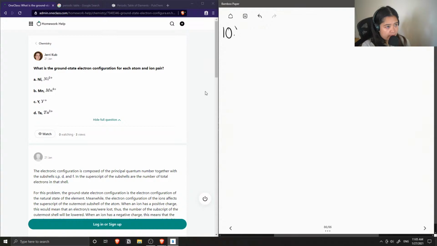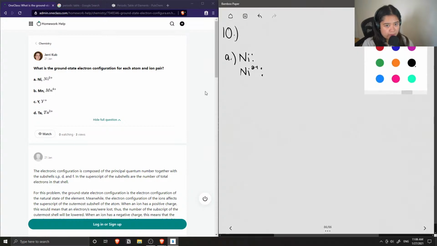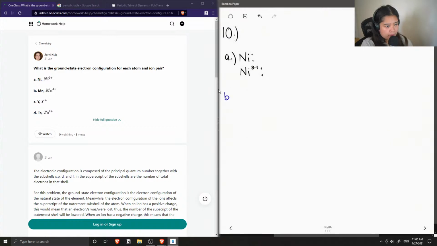Okay, so question number 10. What is the ground state electron configuration for each atom and ion pair? Okay, so first we have nickel, and then we have nickel 2 plus. B, we have manganese and manganese 4 plus.